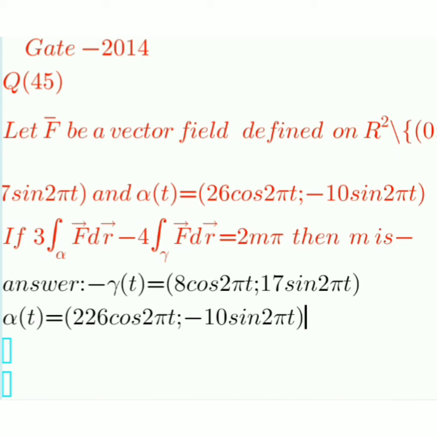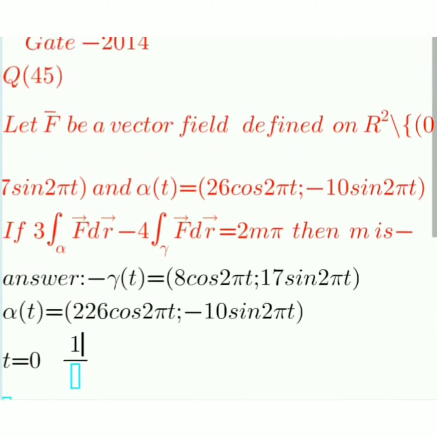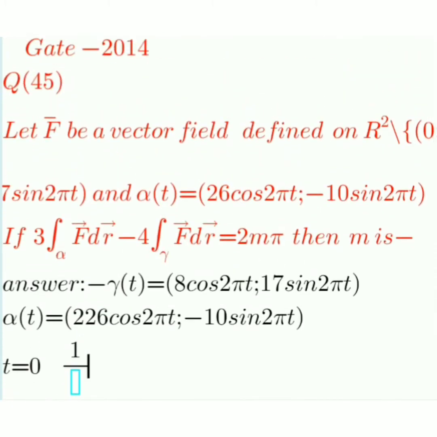And now let's start drawing a graph. At first I want to put the value t equal to 0, 1 by 4. Okay, let's draw a graph.